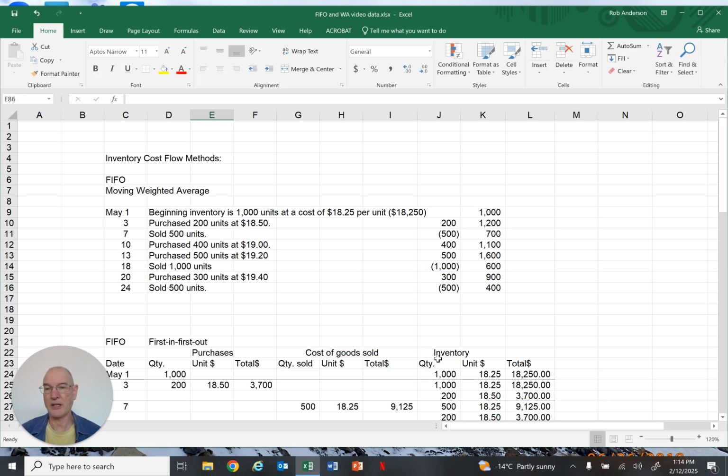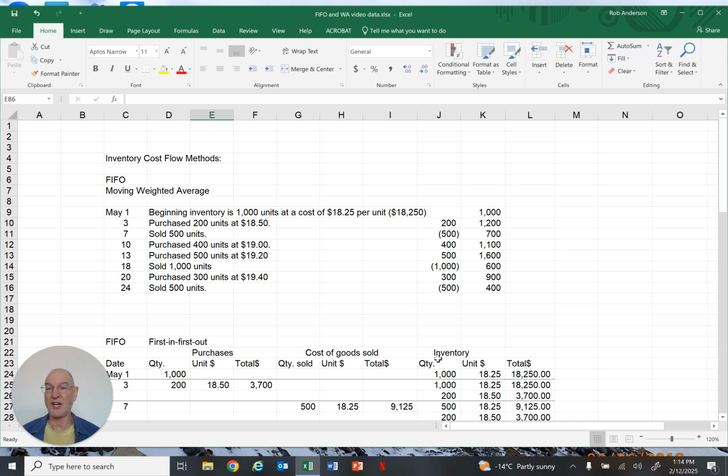Now, before we get going on this, I just want to give you a heads up that this is sort of picky, and it's not so much difficult, it's just a real bother to do. And we can all be happy today that for almost all businesses, a computer does this work for us.